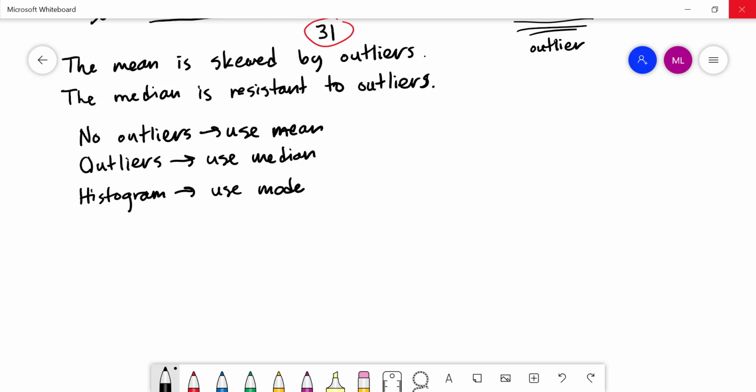So how do these relate to skew? This can be the last topic before we move on.